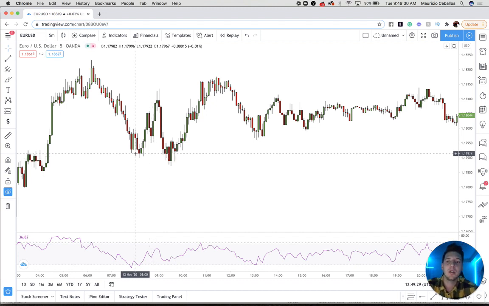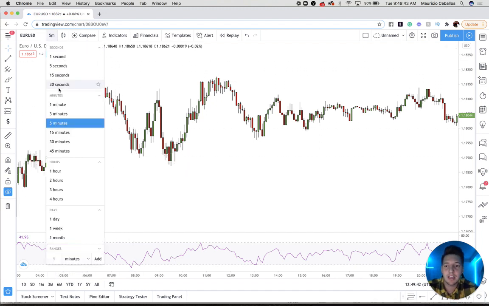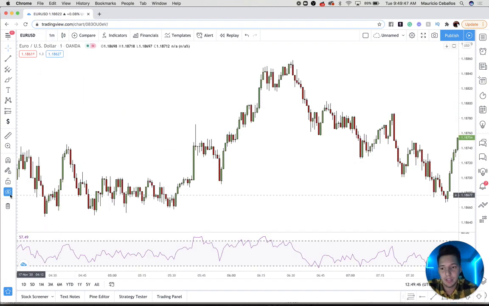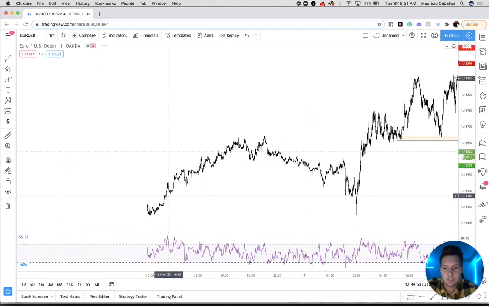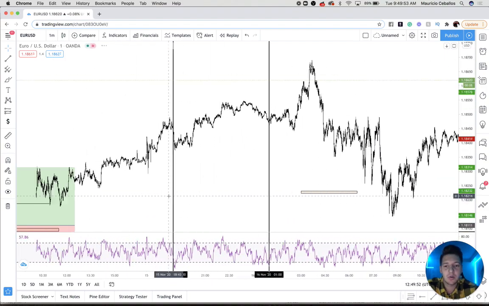A lot of people typically just stop at the M5 time frame, but you want to go to a deeper time frame. You want to find what's on the smaller time frame to see if you can identify certain schematics. These schematics you're going to be identifying on a lower time frame, either the 5, 3, or 1 minute time frame, and that is how we're able to get these very precise entries.